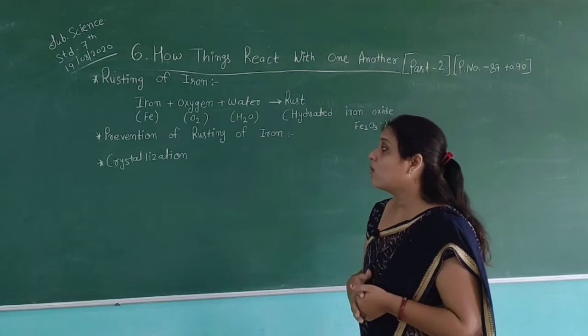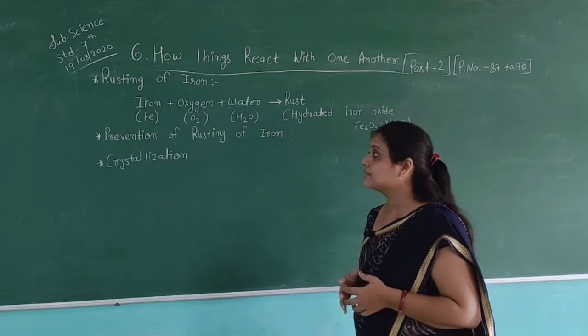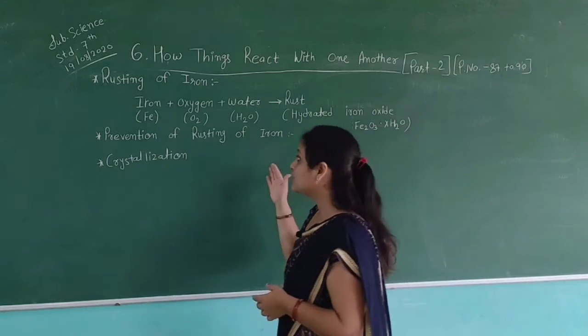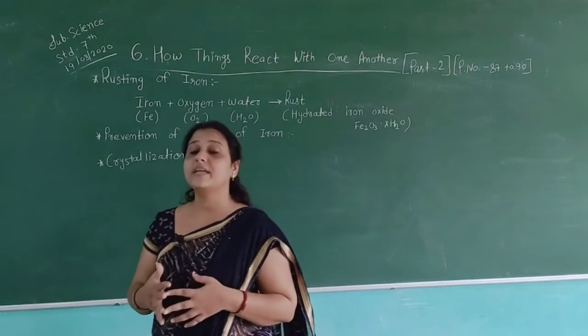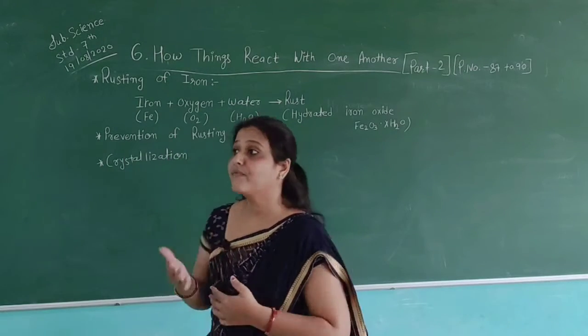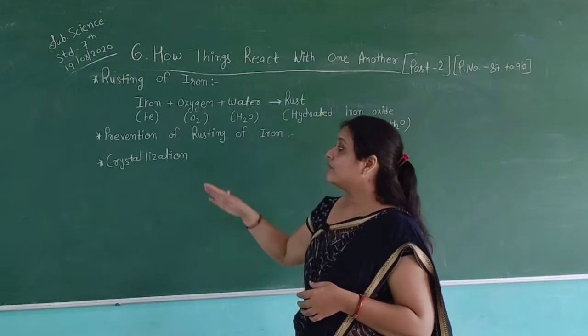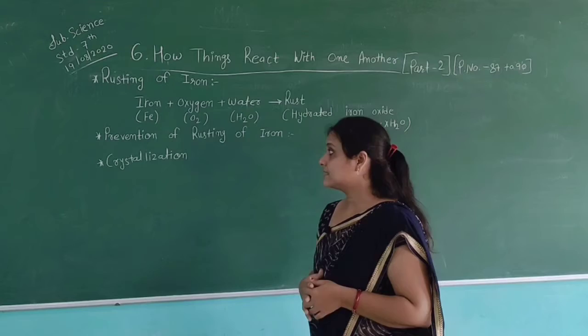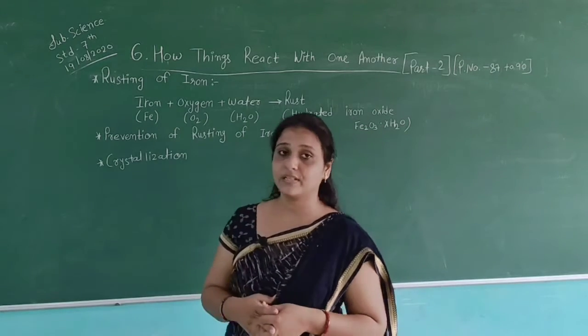Then we also have some ways of prevention of rusting of iron. How will we prevent this process? We have some ways, and using these ways we will prevent rusting of iron. So now we will discuss the prevention of rusting of iron.